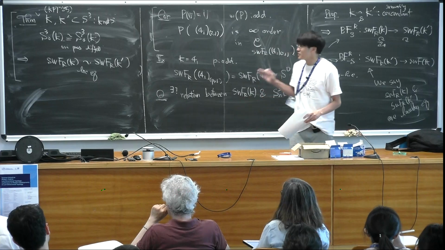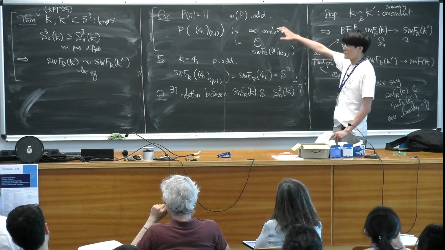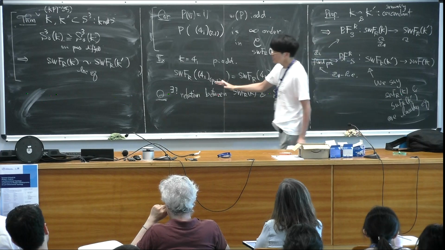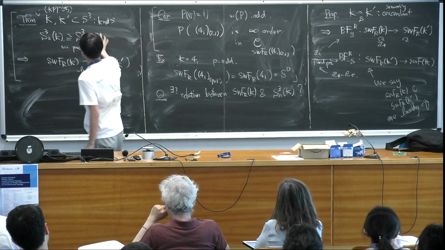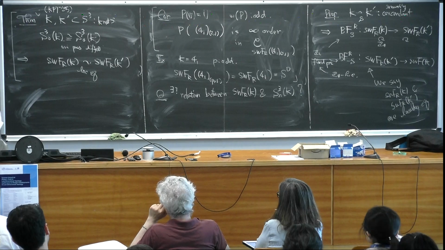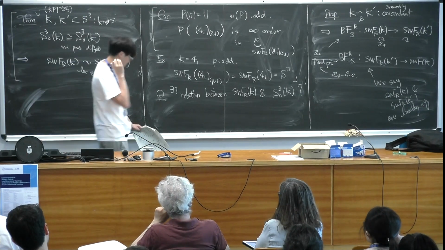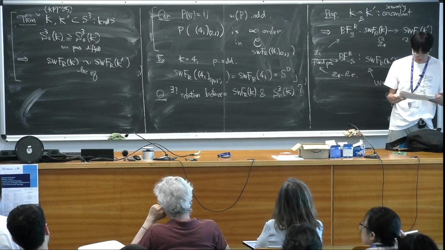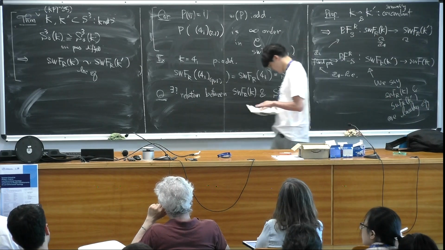And actually, this is true for the Tristram-Levine signature or other algebraic concordance invariants. So if this condition is satisfied, the algebraic concordance class is actually the same. So this also shows some similarity between the real Seiberg-Witten theory and classical invariants.